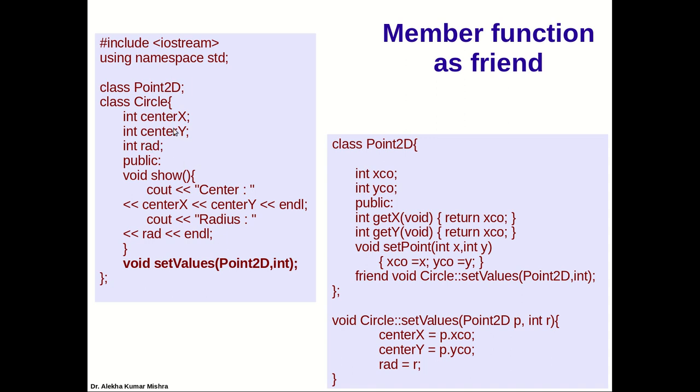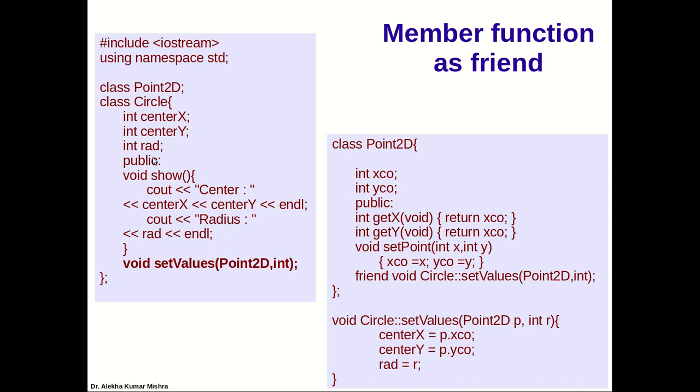So instead of writing like this, I am taking help of a Point2D to assign the values, because when assigning, I may take a Point2D object to assign the center of the circle. Every center of the circle is a two-dimensional point.